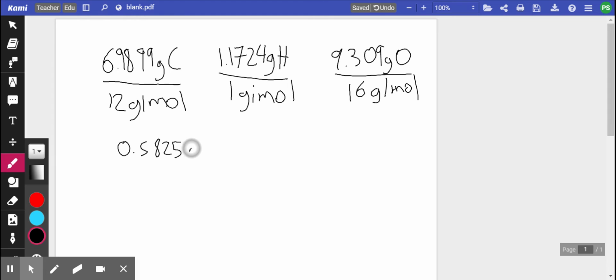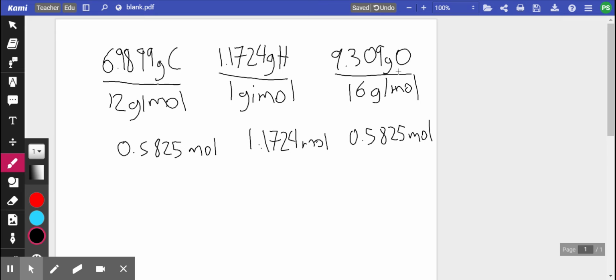And we get the following. This row is all in mole. 1.724, and we get 0.5825 mole. The next step is to see all these numbers and find the smallest of them and divide all of them by that number.